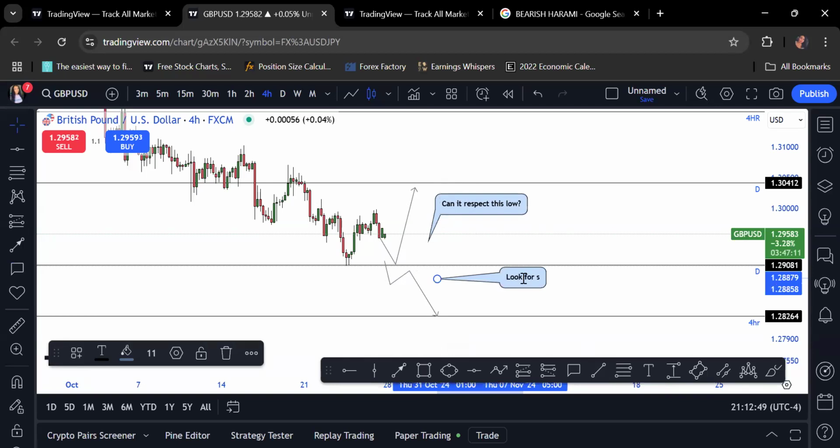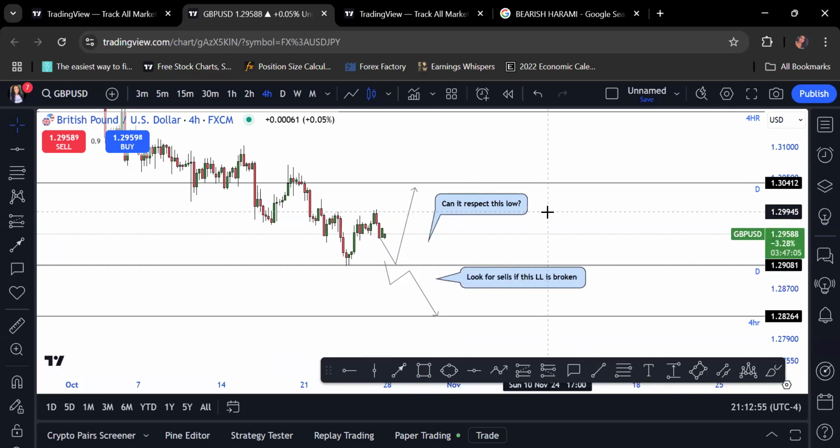Look for sells if this lower low is broken. So that's what we're looking for.